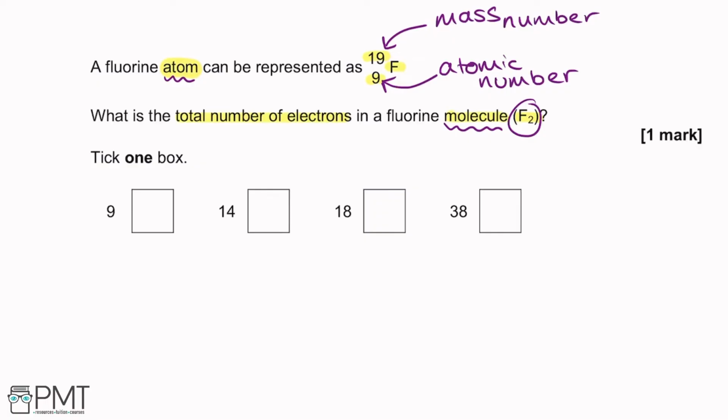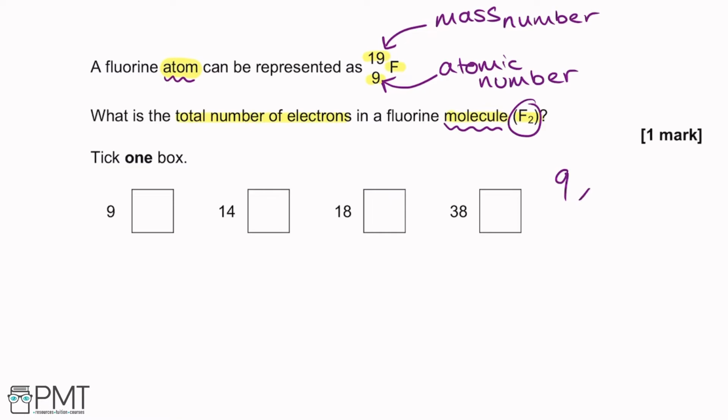Now, hopefully we understand that an atom is neutral. Okay, it has an overall neutral charge. And this is because in an atom, the number of protons is the same as the number of electrons. So, the atomic number is 9, so that means that in one fluorine atom, there is 9 electrons. Now we want to know how many electrons are in a fluorine molecule, which has 2 fluorine atoms.